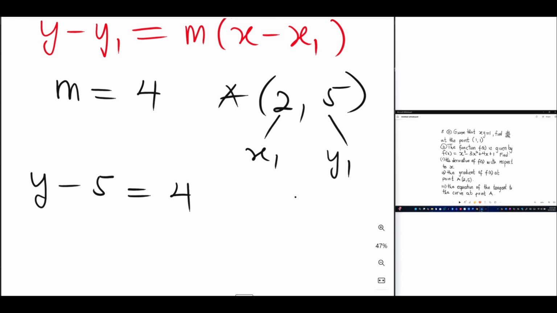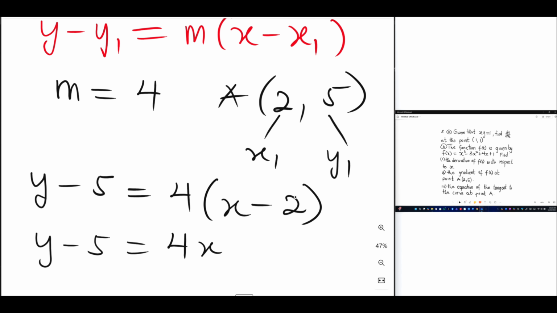So the gradient of the curve at that point is the same as the gradient of the tangent. So 4 multiply x minus x1, and the x1 is positive 2. So we are going to get y minus 5 equal to 4 times x will give us 4x. 4 times negative 2 will give us negative 8.